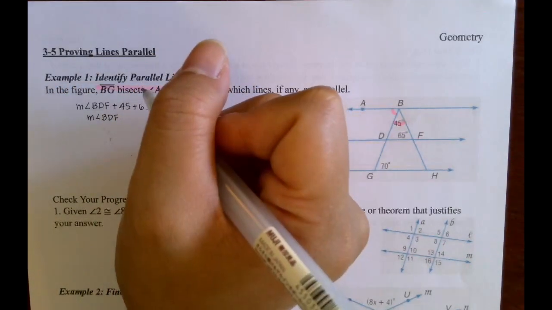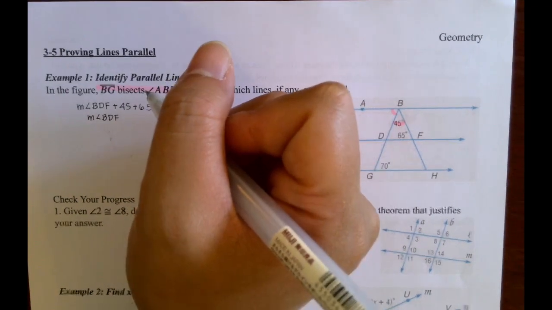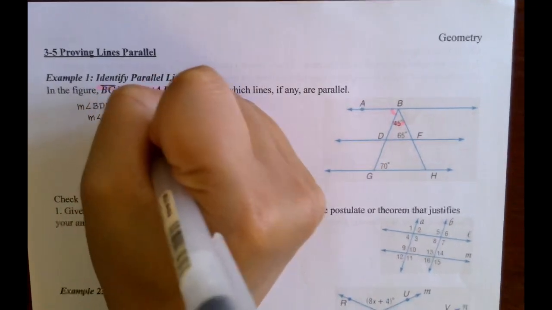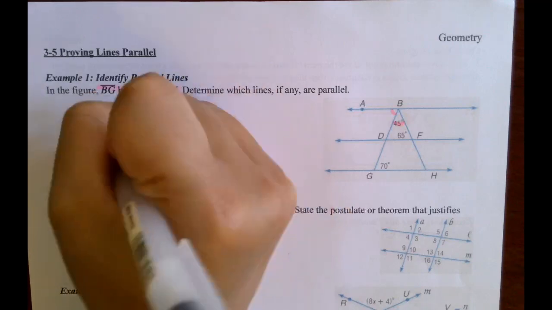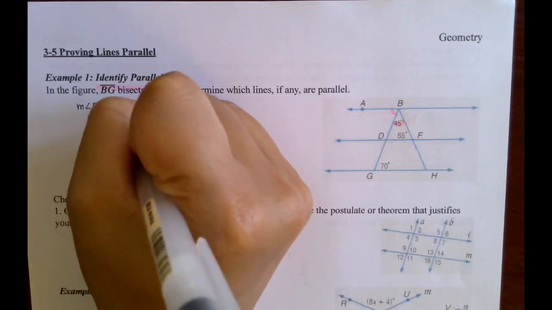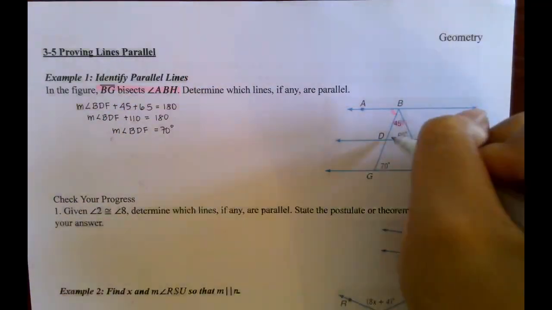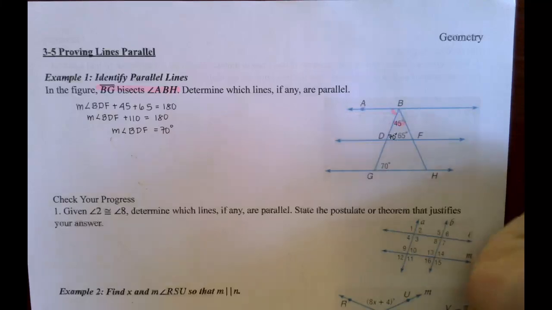So 45 plus 65 gives me 110. Okay, and then when I subtract the 110 over, it tells me angle BDF is 70 degrees. So angle BDF here is 70 degrees. Okay?